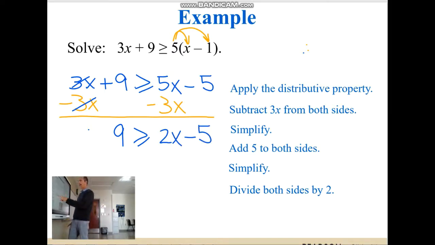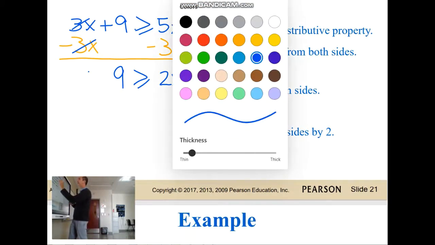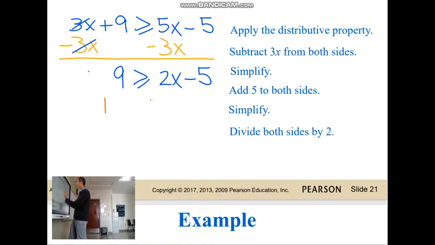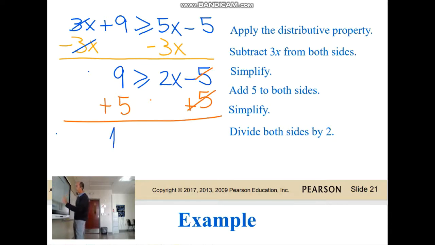Simplify, okay, add 5 to both sides. Then we simplify, and we will have 9 plus 5, 14, greater than or equal to 2x.